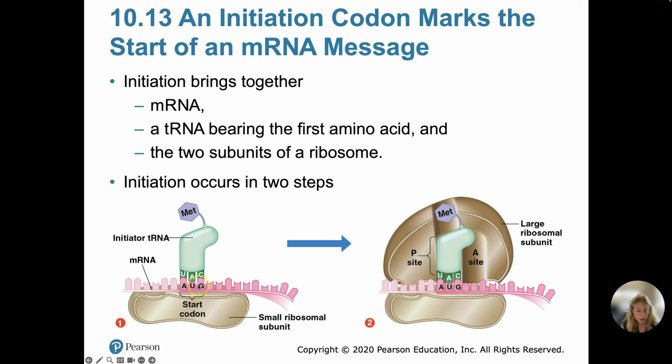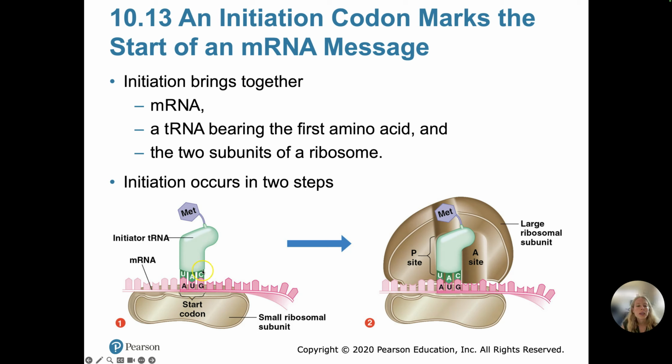So AUG is a start codon. It codes for methionine and that green light in the circle. The initiator tRNA knows where to bind because its anticodon, shown in green, is complementary to the start codon AUG. So A binds with U, U binds with A, and then G binds with C. So it's complementary.